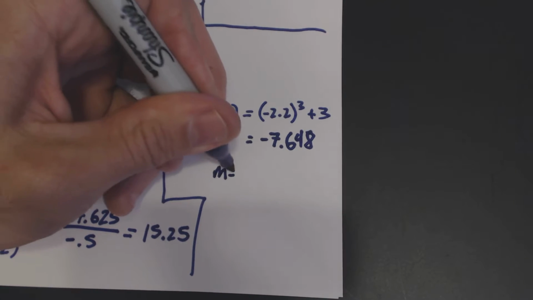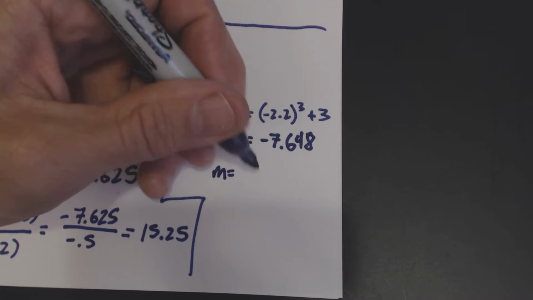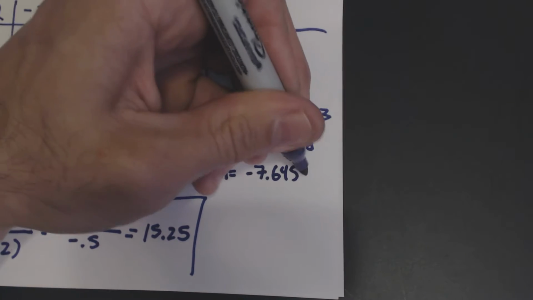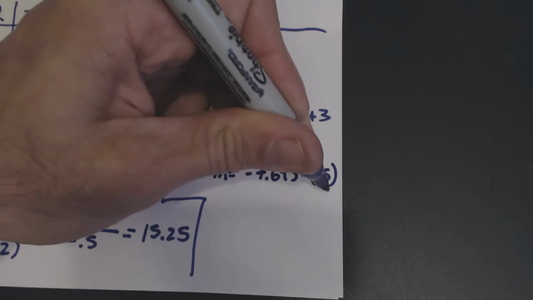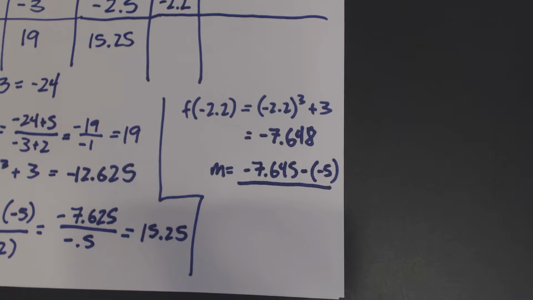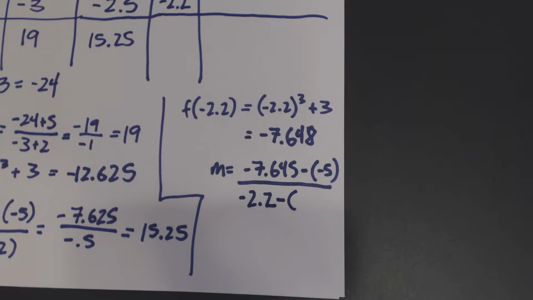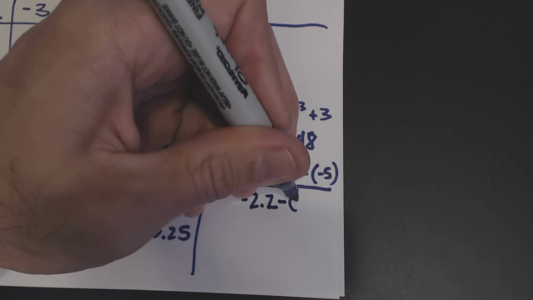So the slope of the line connecting these 2 points is now negative 7.648 minus negative 5 over negative 2.2 minus negative 2.